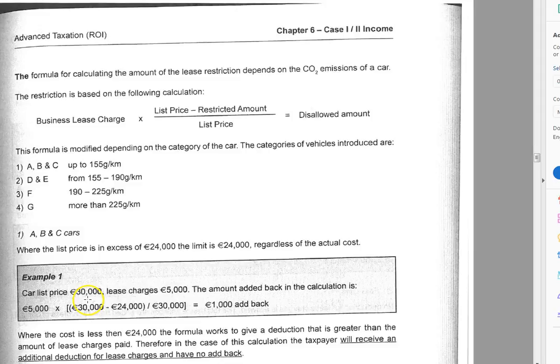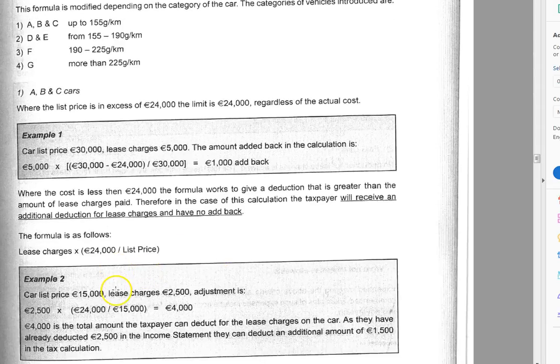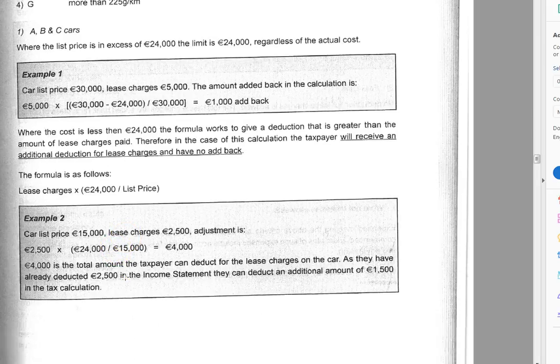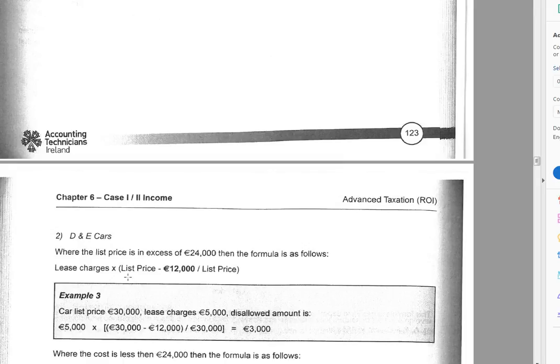So the lease charge is multiplied by the list price minus the limit, so 30 minus 24, over 30. And 1,000 gets added back. There's a different rule if the lease charge is less, but we won't meet that. So it'll always be in excess.